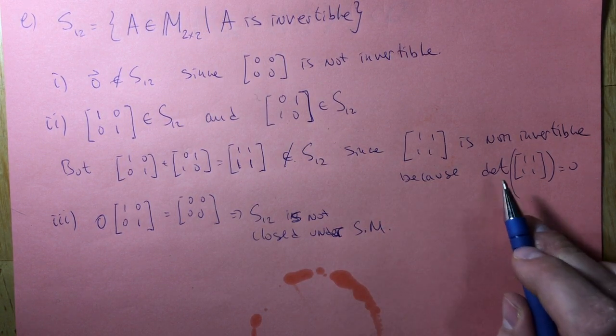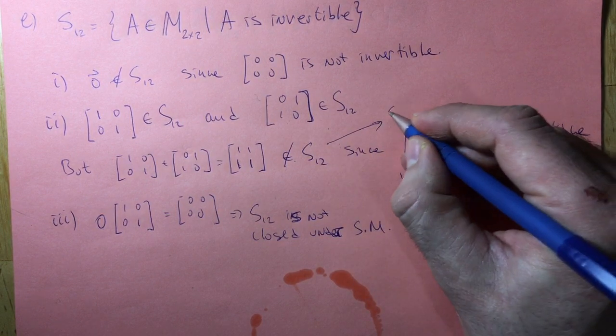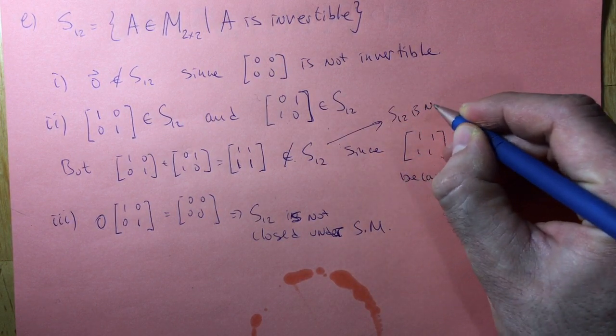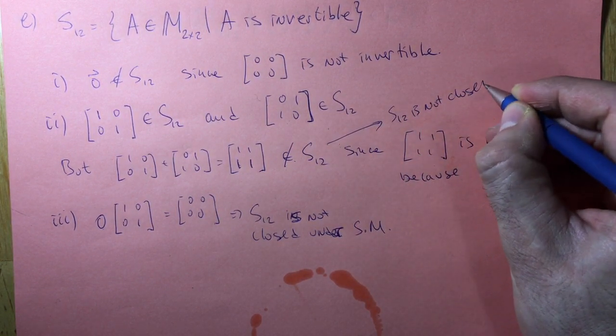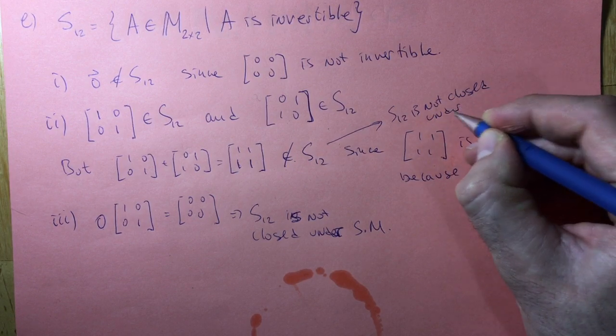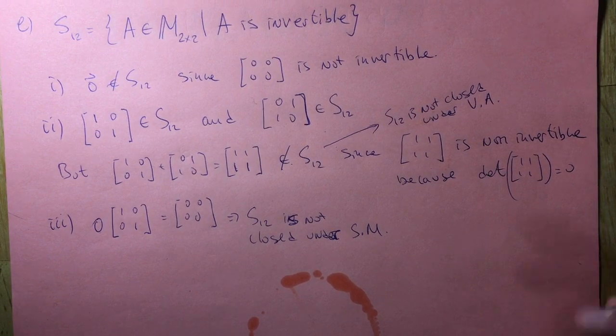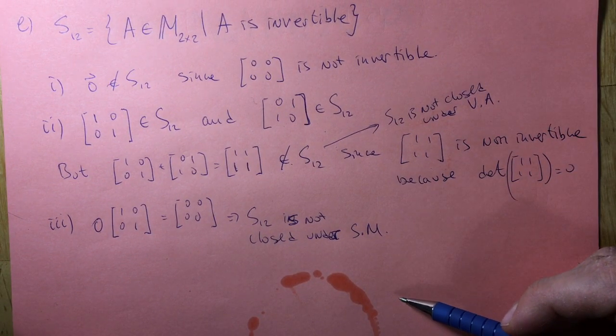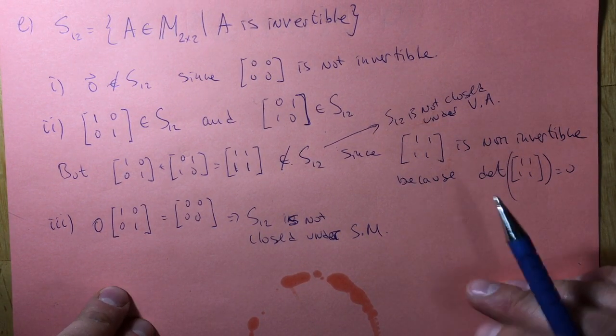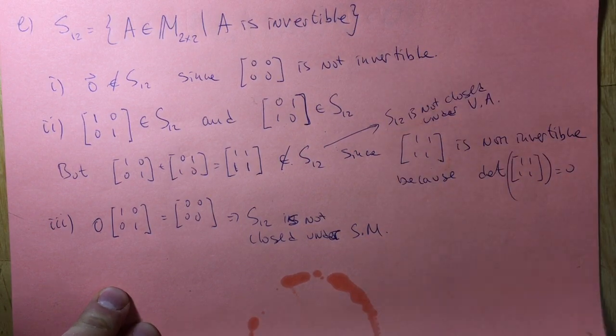And here we show that S12 is not closed under vector addition. It's needless to say that this is not a vector space where none of the conditions are satisfied.